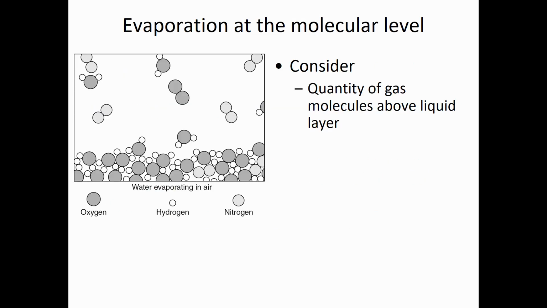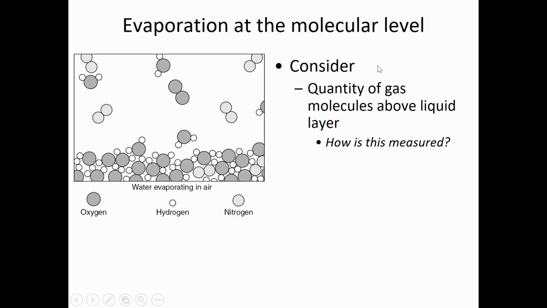So if we zoom in on a liquid surface, the liquid itself is where the water molecules are tightly packed together and bound through attractive forces, but some of the molecules escape and overcome the vapor pressure that's holding them in the liquid phase.